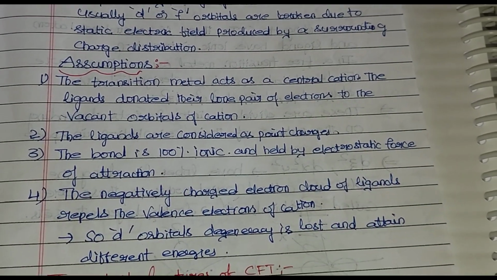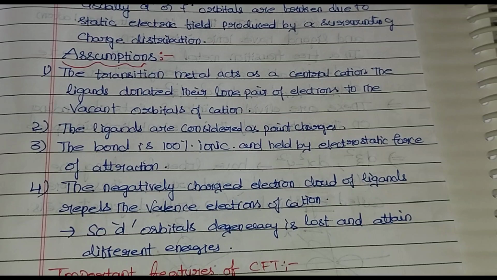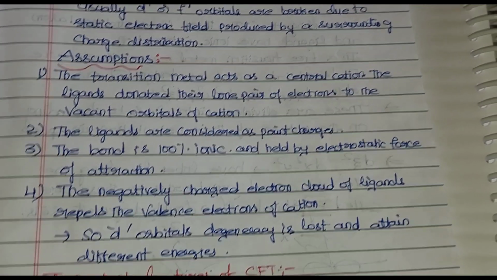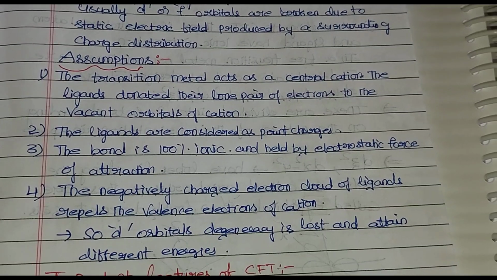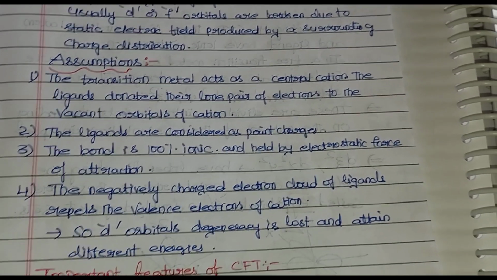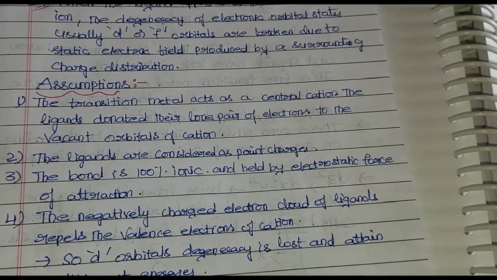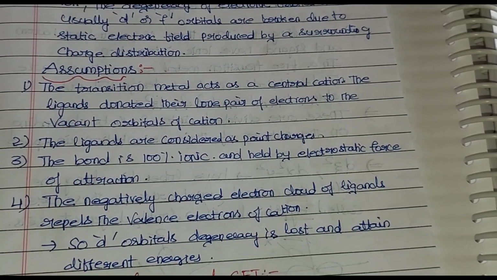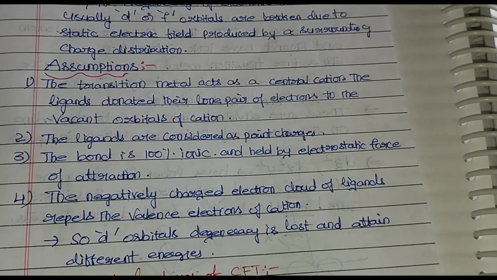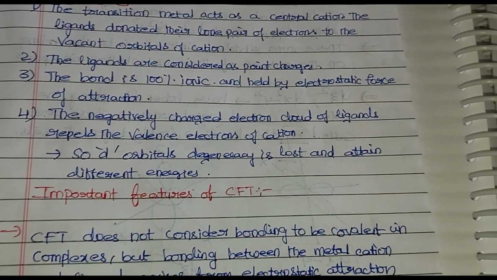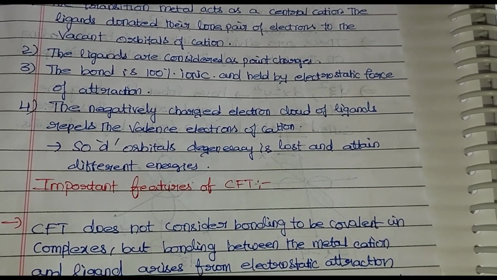What happens? The degeneracy is lost. In the d orbitals, degeneracy is lost and they attain different energies by splitting. I will explain this splitting very elaborately after this. Like this, the d orbitals' degeneracy is lost and different energies are formed.